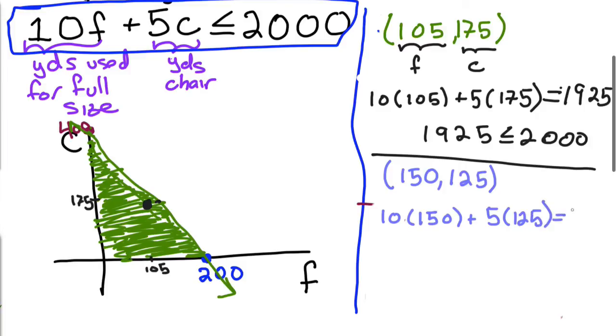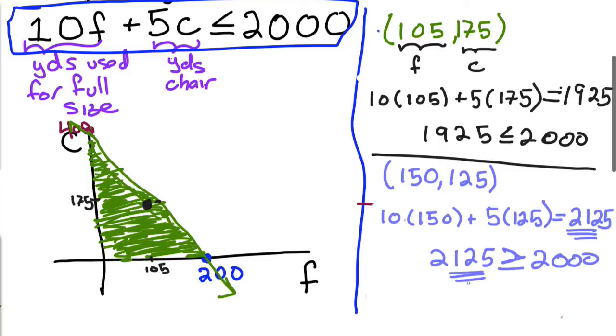This would be 2,125. Well, what does that mean? Notice that 2,125 is not less than or equal to 2,000. It's greater than 2,000. Anyways, the point is that I would need 125 more yards of canvas.